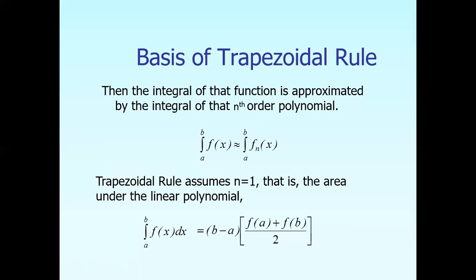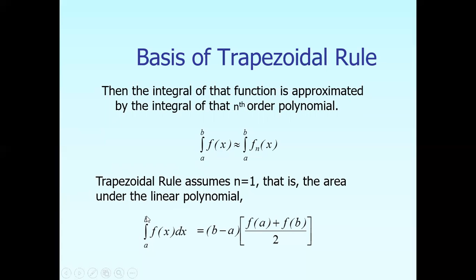Means only one step is used for finding the area of the curve by the trapezoidal method. But in Simpson's 1 by 3 and Simpson's 3 by 8 rule, two steps and three steps are considered respectively.